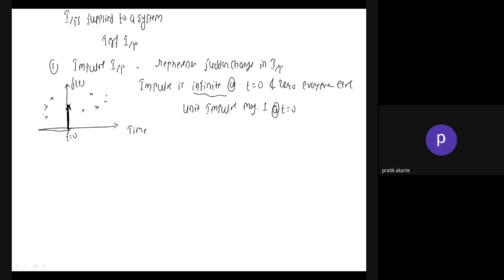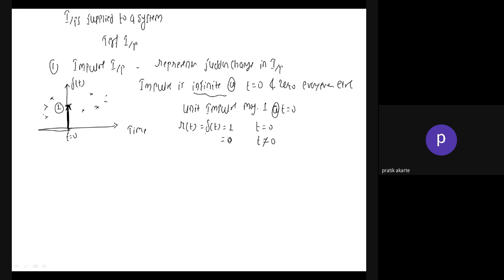So I can write r of t, that is the input delta of t, is equal to 1 at t equal to 0, and at t not equal to 0, the impulse input is 0.